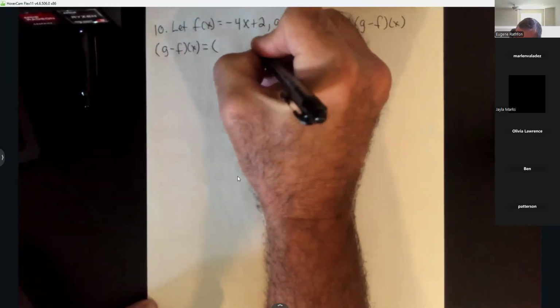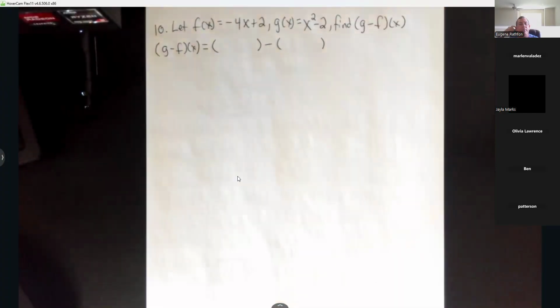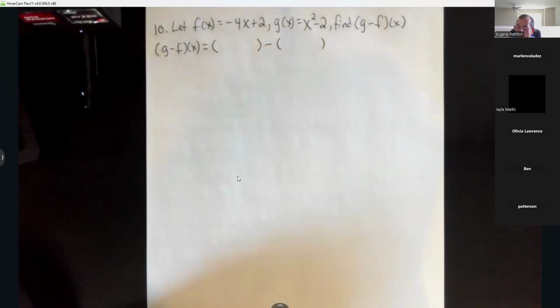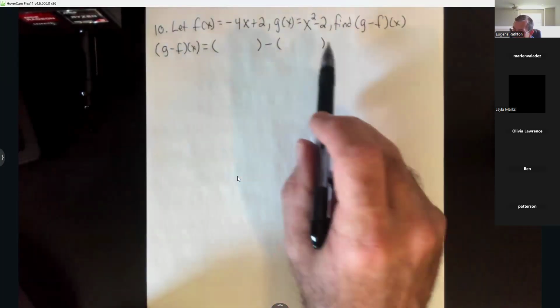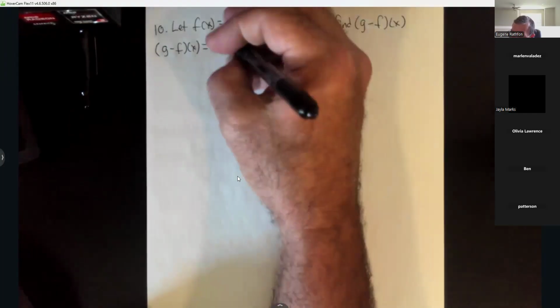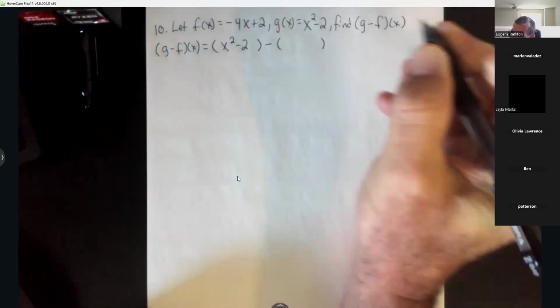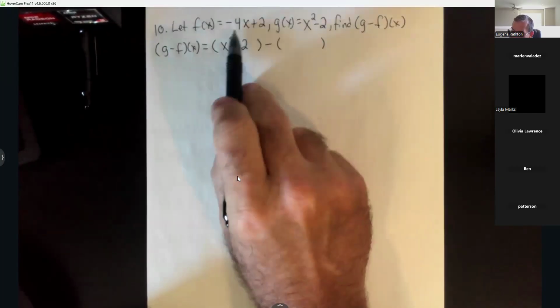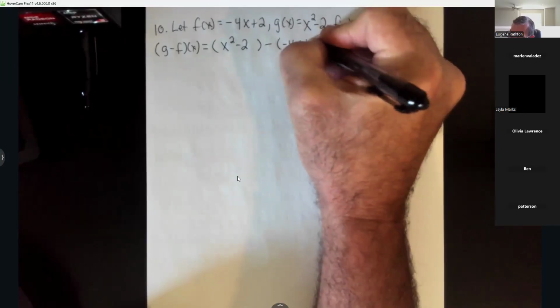So I've got one function minus another function. But y'all look here, this is reversed. They got the g first. g is my x squared minus 2. f is my negative 4x plus 2.